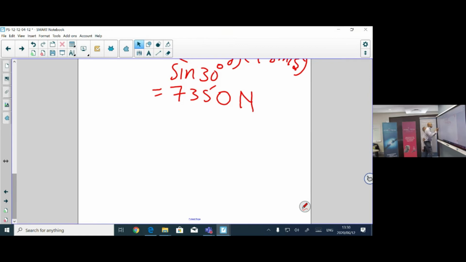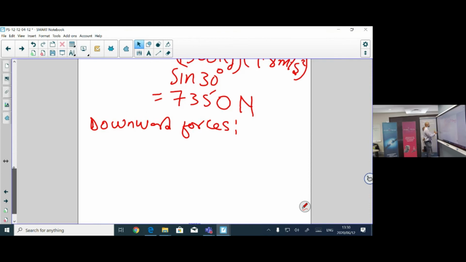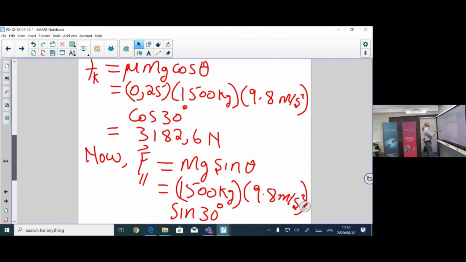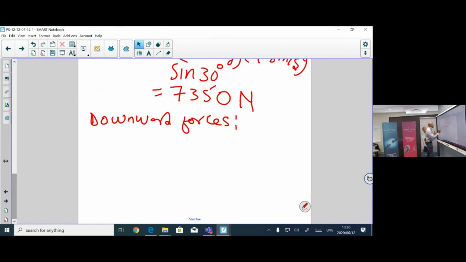The total downward forces: F total downwards is equal to F parallel plus the kinetic friction.